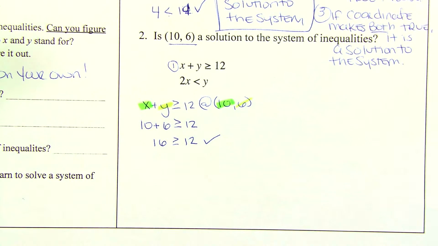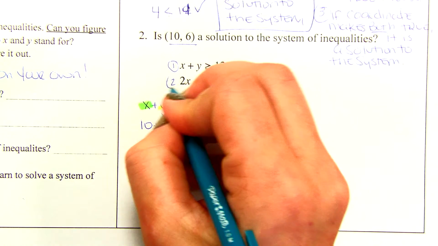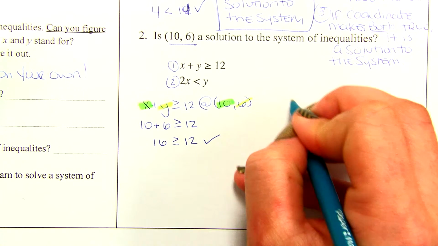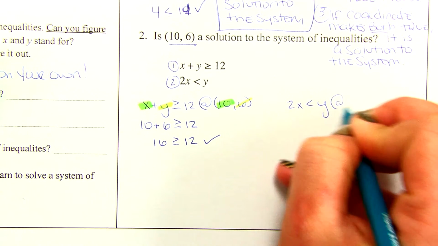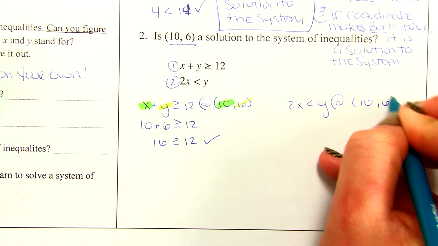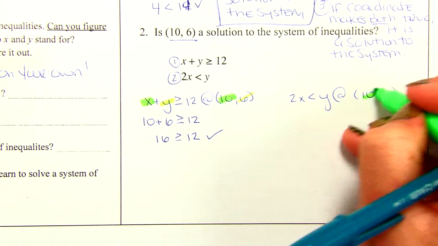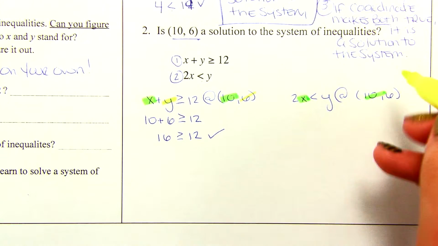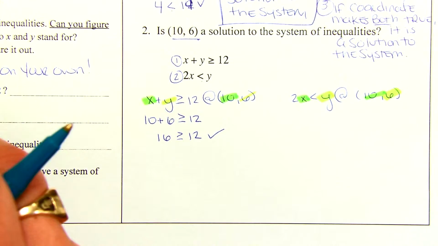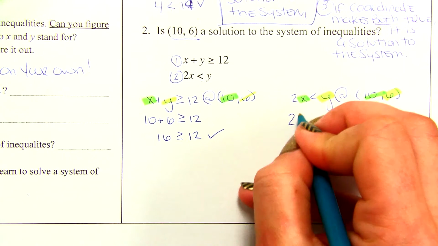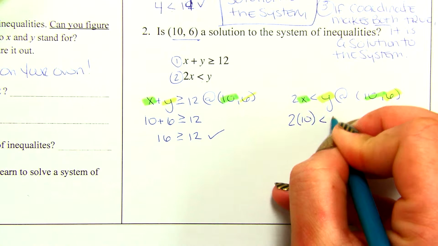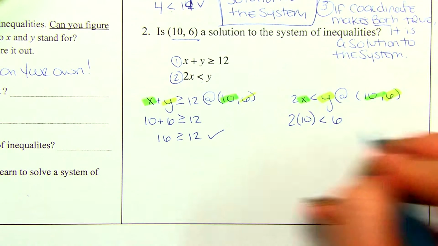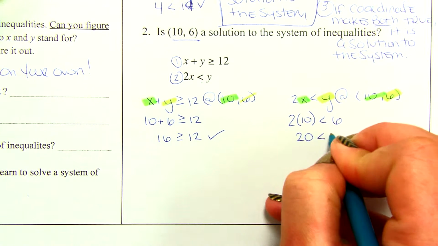Yes. So now I'm going to substitute 10, 6 into the second inequality. I'm going to substitute 10 in for x and 6 in for y. So this will be 2 times 10 is less than y, which is 6. 2 times 10 is 20.